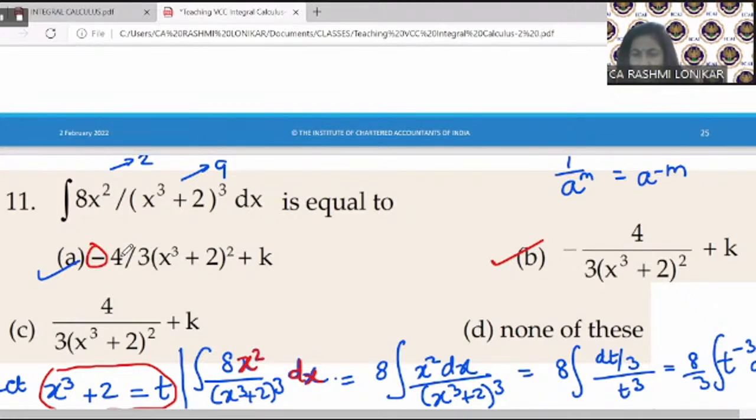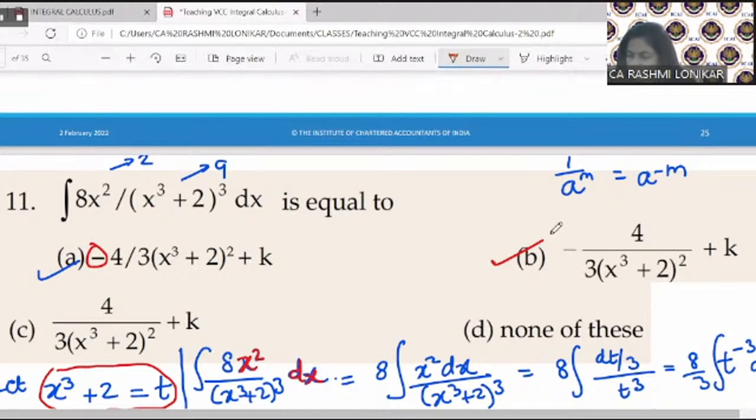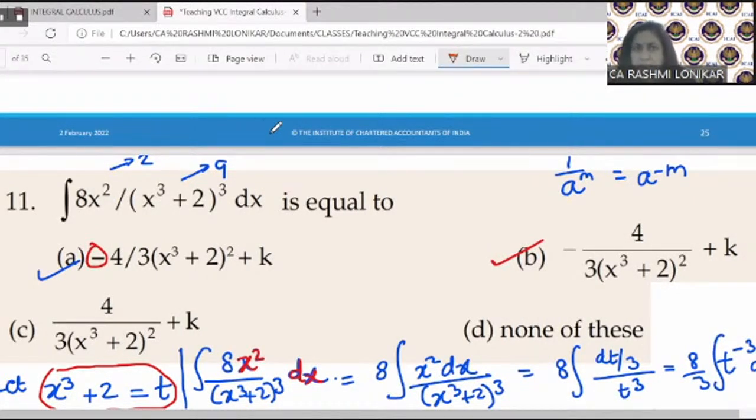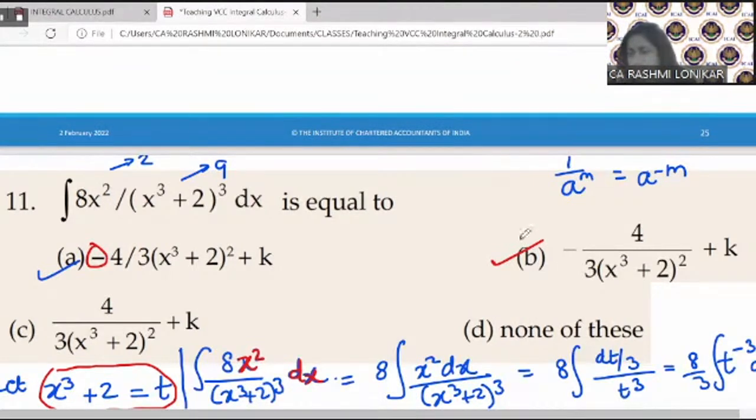It can be 4 by 3 into x cube plus 2, or it can be 4 upon 3 x square plus 2. But this B option is very clear, so B will be the correct option over here. You will never get such very close answers. Because here x cube plus 2 is clearly written in the denominator. Okay, Vidya.